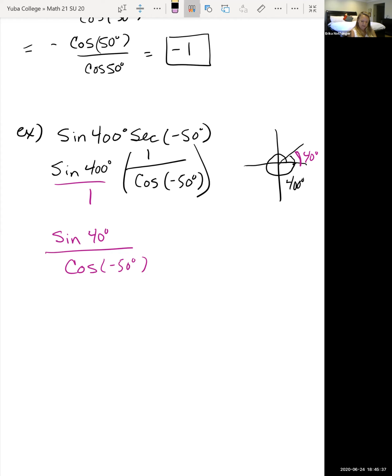Cosine is an even function. That tells me that cosine of a negative angle is equal to cosine of the positive angle, the opposite sign of that angle. So this is the same thing as cosine of 50 degrees.